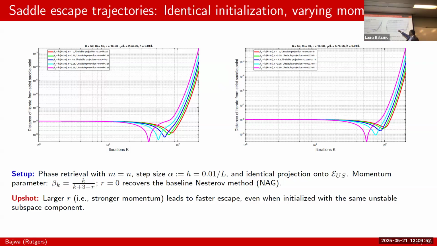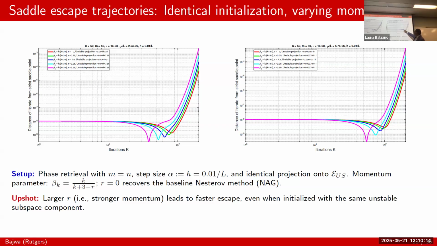And what you see is that you start from a distance, and as we run it, you get closer, you get pulled more towards the saddle first, but then you start escaping. Okay, so you start escaping faster, but you also get pulled a little bit closer to the saddle first with higher momentum.